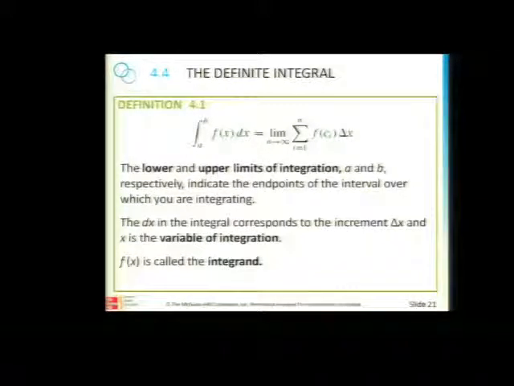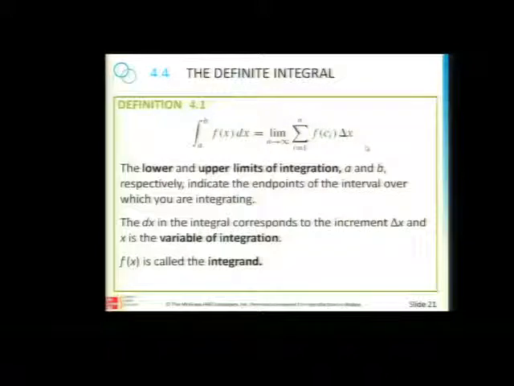All right? f(x), this part is called the integrand, just like indefinite integral. The only difference is that now we are integrating the function from a given point x equal to A to another point x equal to B within this interval. That's the difference between indefinite and definite integral. All right? But the definition for this definite integral is defined to be this limit.